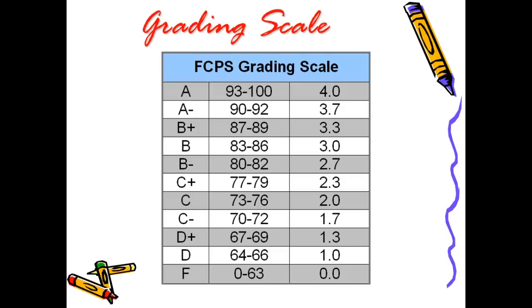And then anything below that would be less than basic proficiency, and that would be an indication that we need some remediation and some work to bring that level of understanding up to a more proficient standing. So you're going to see numbers, either 4.0, 3.3, 2.3 on the grade book. Hopefully you'll see the grading scale on the syllabus as well, and you'll be able to correlate what that number means in terms of letter grades.